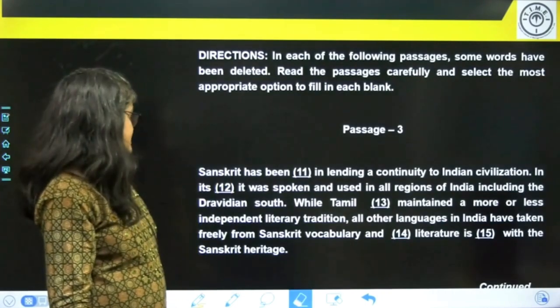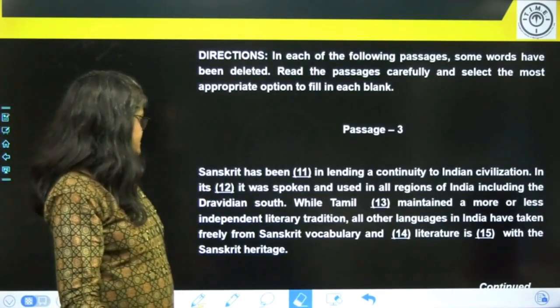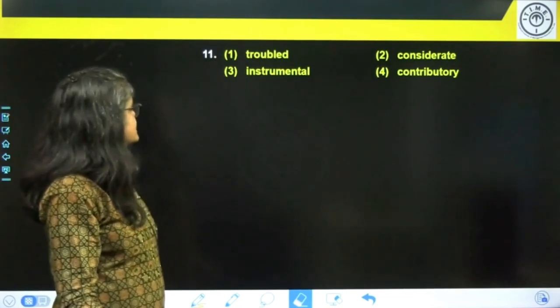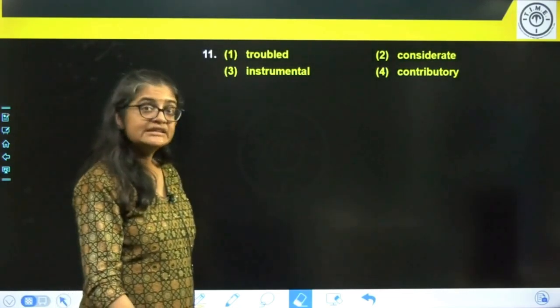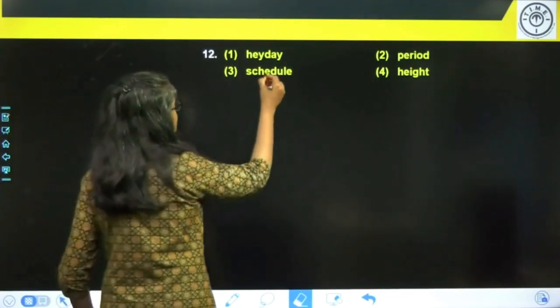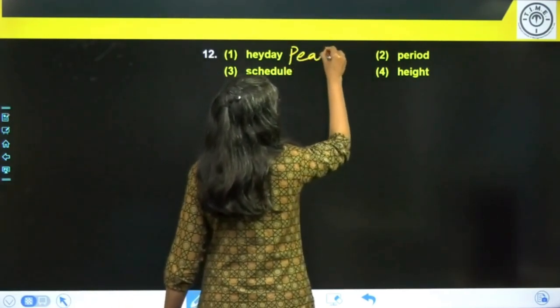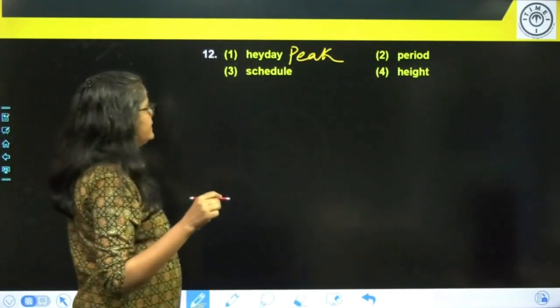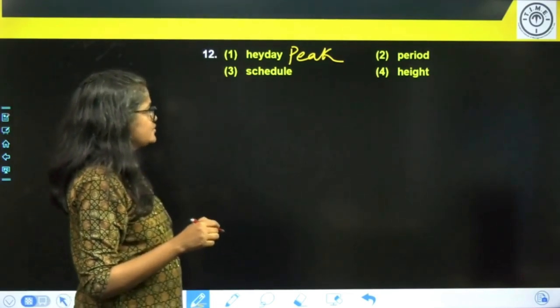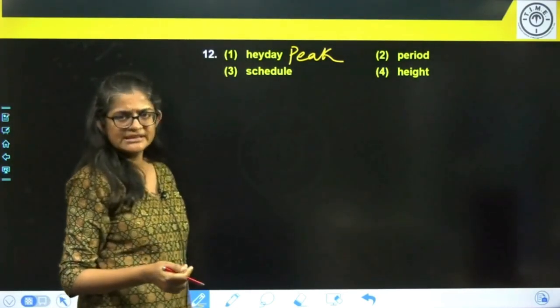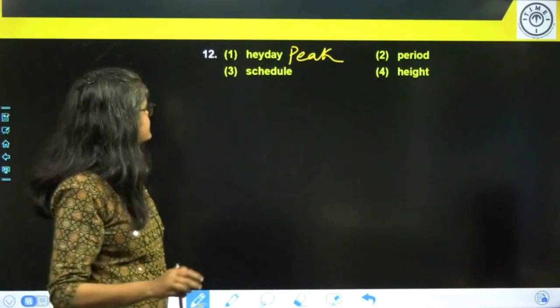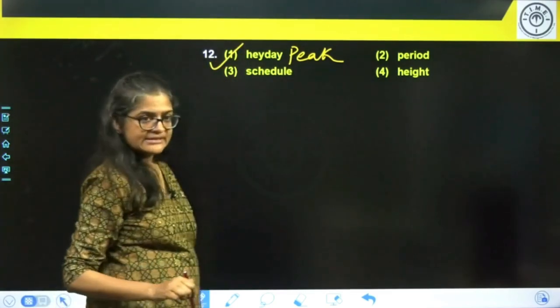It was spoken and used in all regions of India. Now you know that Sanskrit is not spoken. That is why it says in its heyday. Heyday means peak of its glory. Period, schedule, height. No. In its height you don't say. That doesn't make sense. So this is the answer.